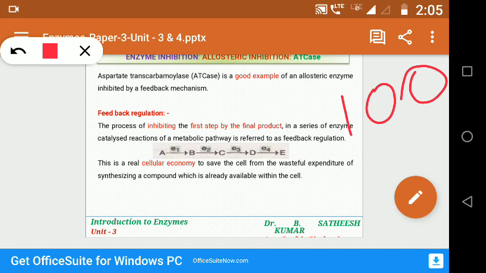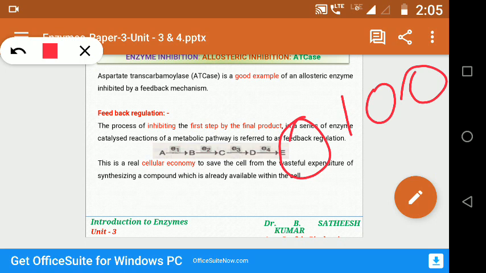So beyond 100 units, it is not at all necessary, and it will be a wasteful process when we consider the cellular economy. So therefore it must be stopped once the concentration of amino acid reaches 100, the required concentration.